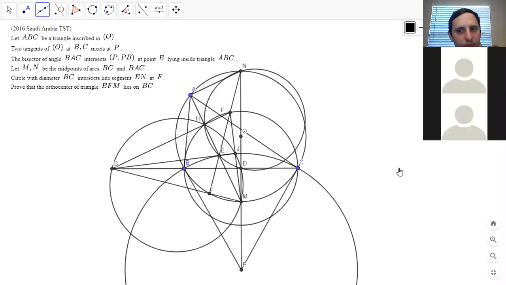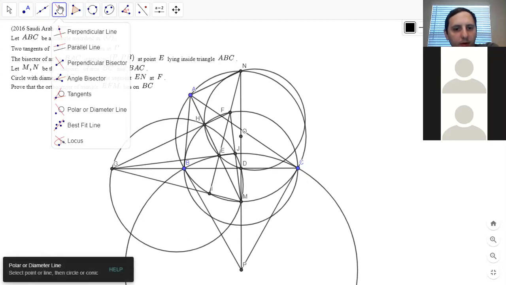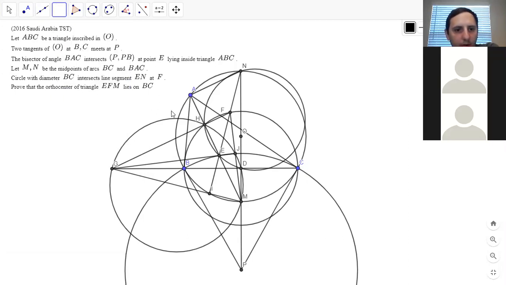Is it true that E is the homothetic center of ABC and the circle with diameter BC? Oh, that's a good question. Well, no, the homothetic center would be the intersection of the common tangents, right?